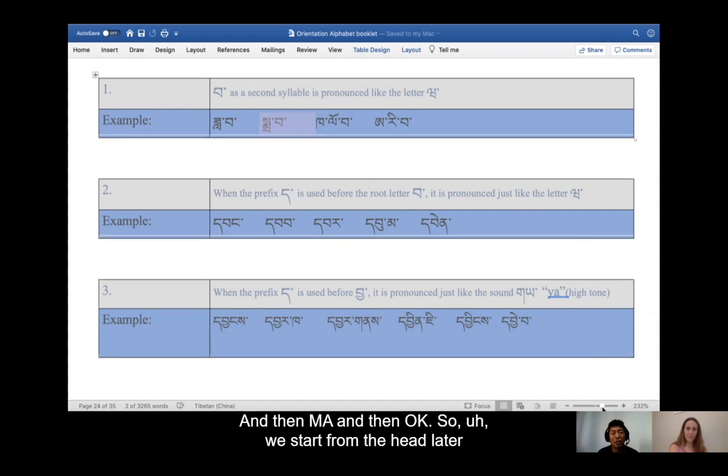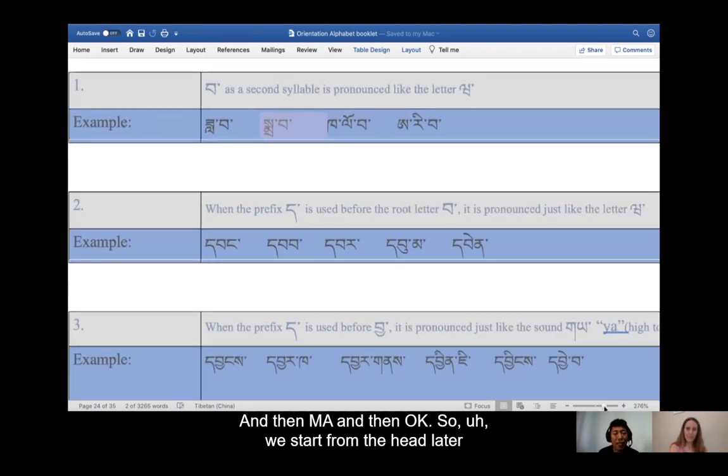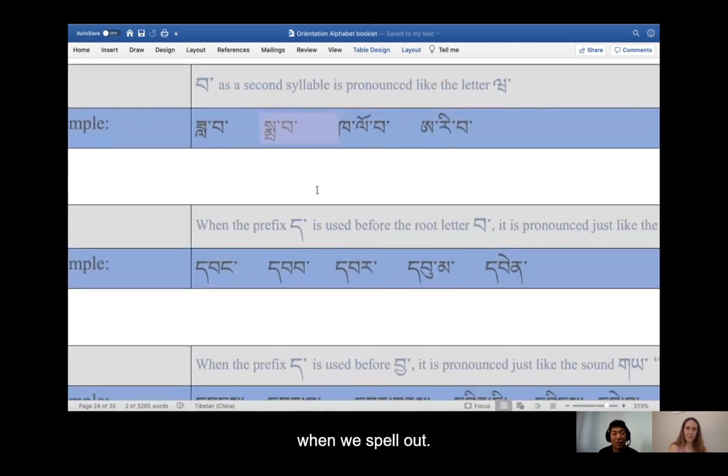Okay, so we start from the head letter when we spell out, and then root letter, and then ra ta. And then if there are any vowels, those vowels can be at the end. Okay, so sa, ma ta, ma, ra ta, ma, wa, mawa. Okay, so the whole sound is mawa.